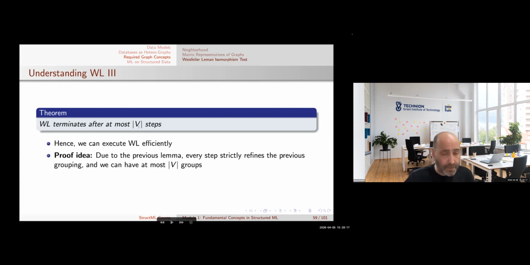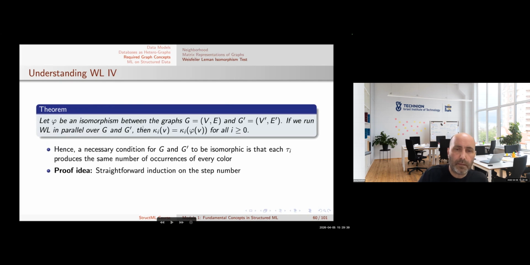Okay, so if you enlarge the number of groups every time, we'll only reach at most V groups. Okay, so that's the idea. The algorithm terminates after at most V steps.